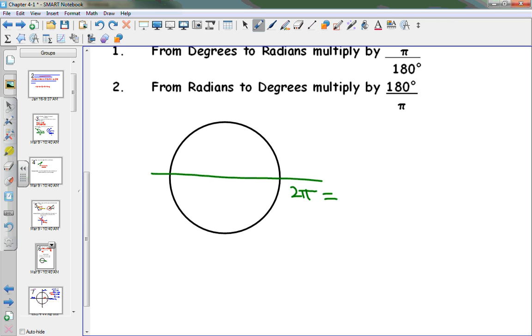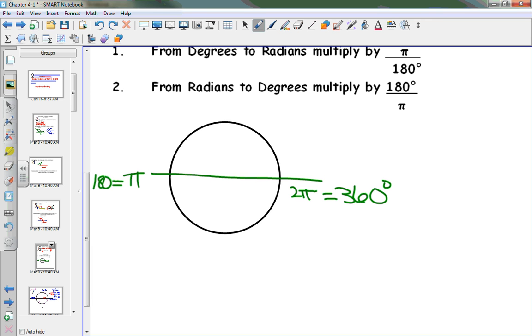And somebody else already told me that there was how many degrees in the circle? 360 degrees. So you're telling me that 2 pi is the same thing as 360 degrees. Yes? That's what you're telling me. Then you're telling me that half of that would be a semicircle, which is pi, and half of 360 would be 180. Is that true? Yes or no? Are we good so far?